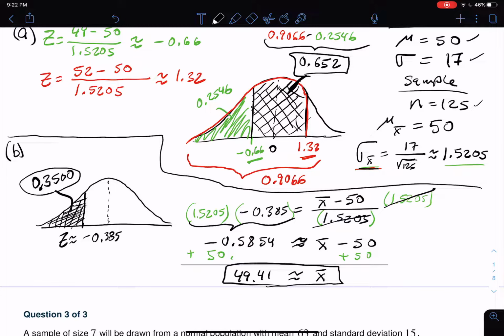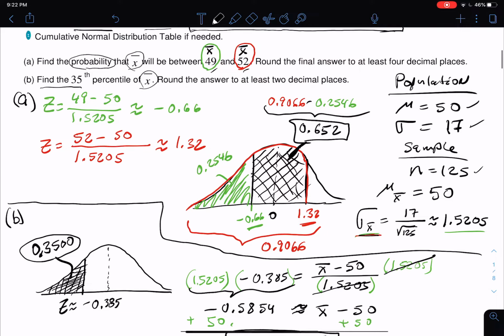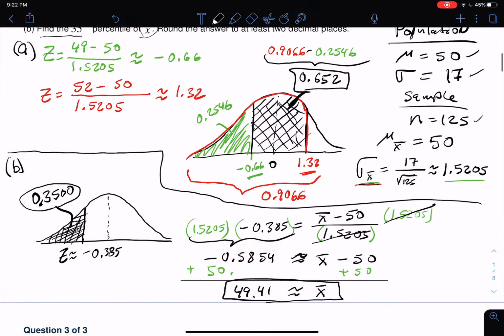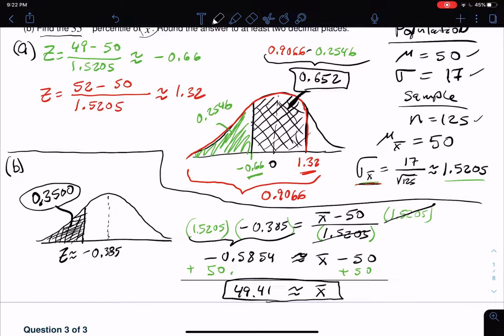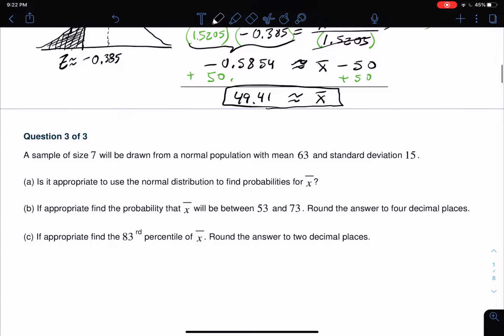What was the question? Find the 35th percentile of the sample mean. So the 35th percentile of this sample mean is going to be 49.41. Let's take a look at question number 3, almost there.